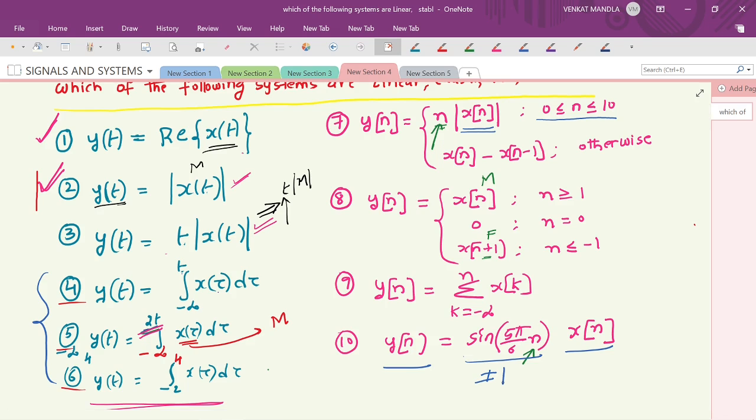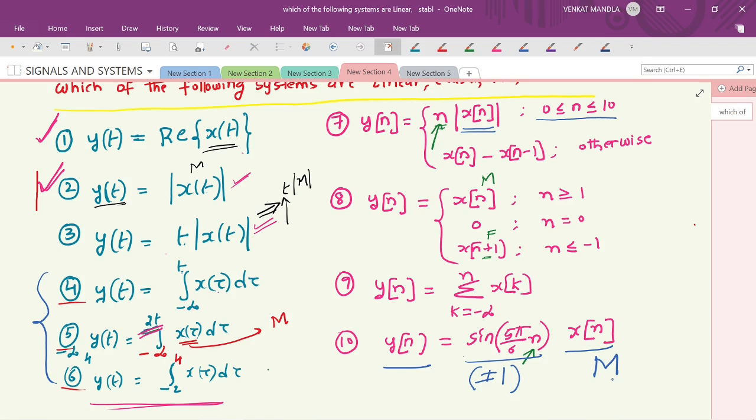In between, the value of sine theta always lies between minus 1 and plus 1. But if we give x[n] as some finite value m, this finite value from minus 1 to plus 1 times m, you will get finite only. So that's why the system is stable.